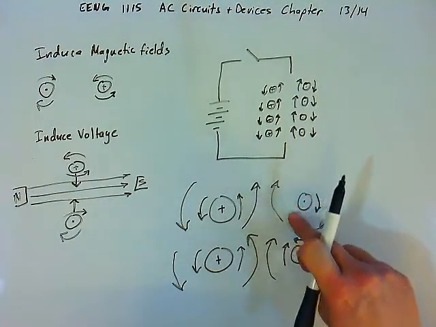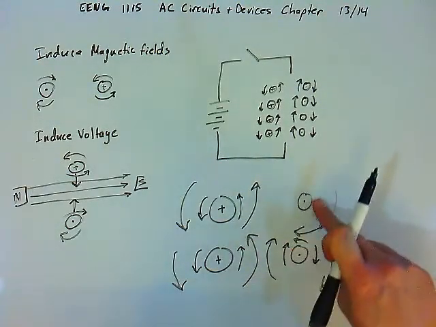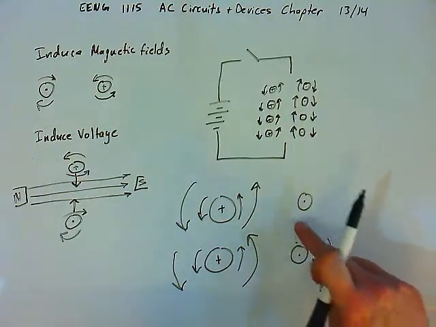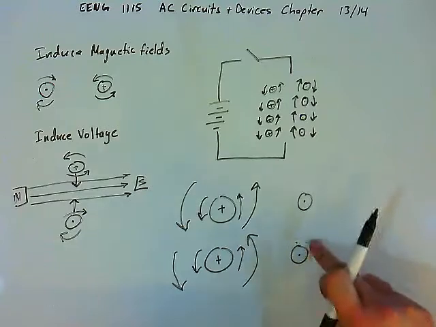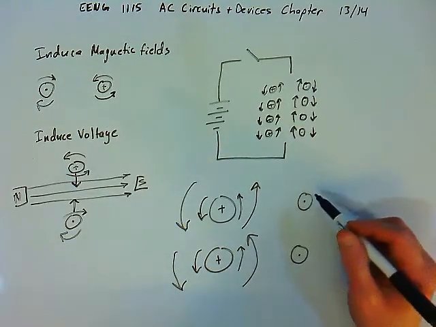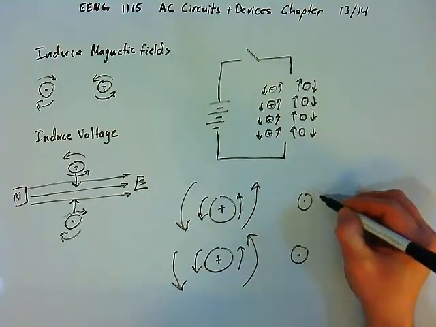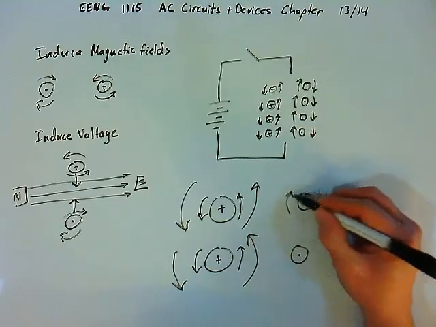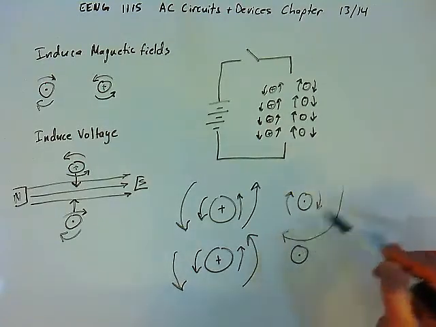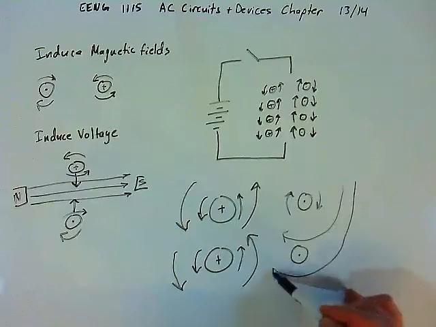Now consider that the current in the inductor has reached its maximum value. And so imagine that this part of the conductor had a magnetic field around it that was clockwise. And as the current in the circuit increased, that field grew larger and larger, and eventually that field cut across.